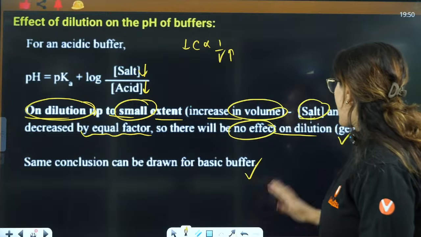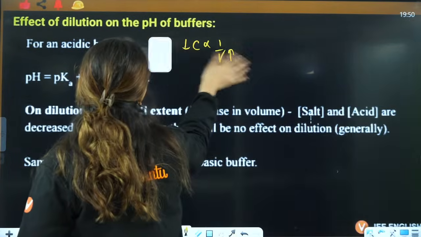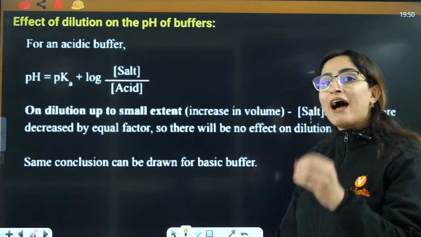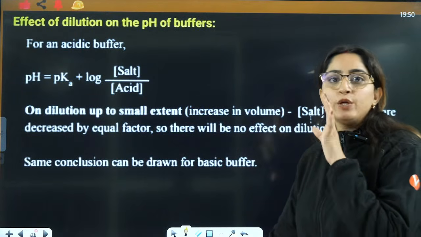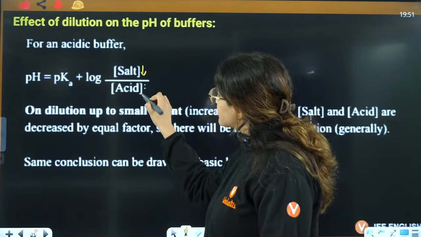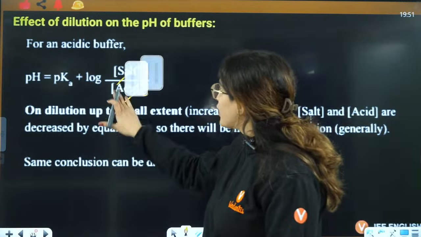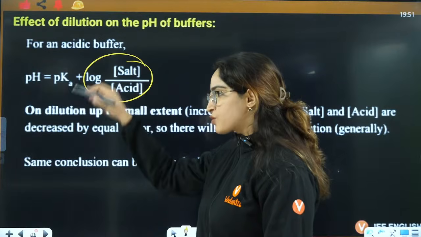Same conclusion can be drawn for the basic buffer. Why is there no effect of adding water to buffers? Because if this is decreased, this is also decreased, and the overall effect is cancelled. That is why overall pH will not change, because this factor has not changed.